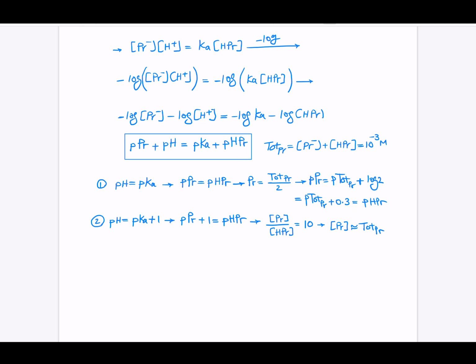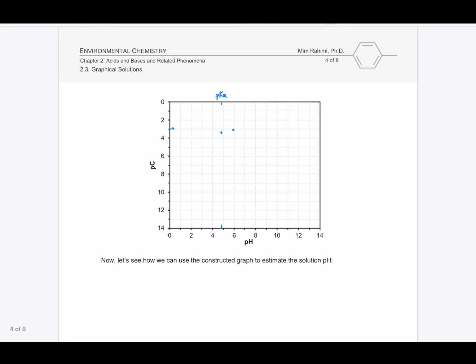As we continue going to the right side, this would stay the same. So we have this point, followed by a line, and this would be for PR.